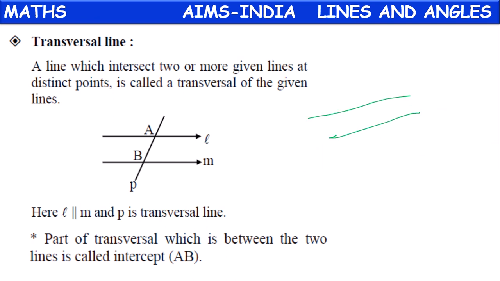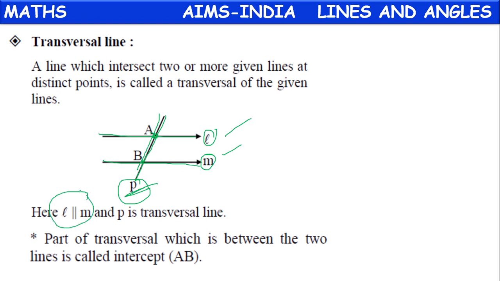So if it cuts two or more lines at distinct points, then it is called a transversal. Here L and M are the lines, P is the transversal, and A and B are the different points at which this transversal intersected the given two lines.